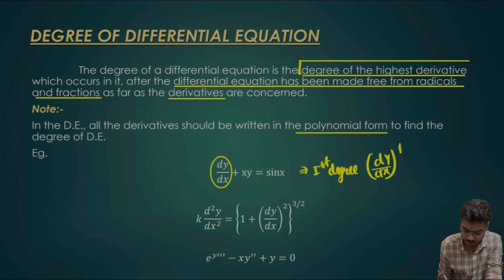In the second question, we have power 3 by 2, right? It is a radical power, with dy by dx inside. So dy by dx contains a radical power. I have to remove this 3 by 2. How to remove it? I will square both sides.